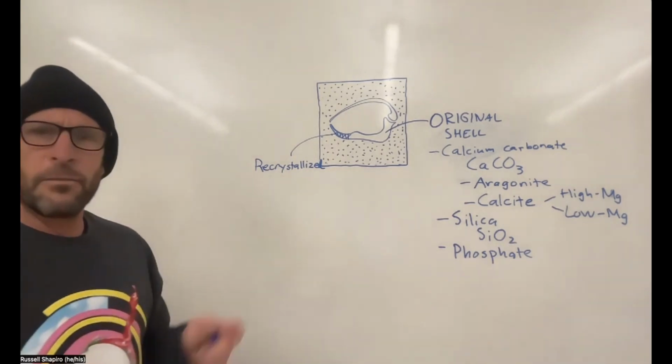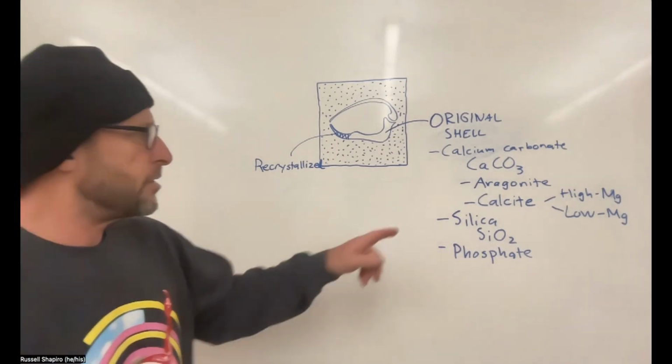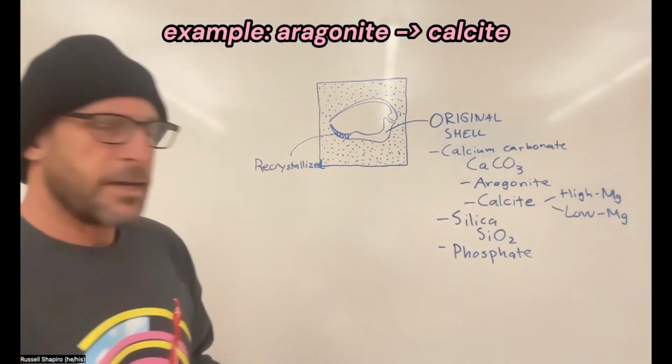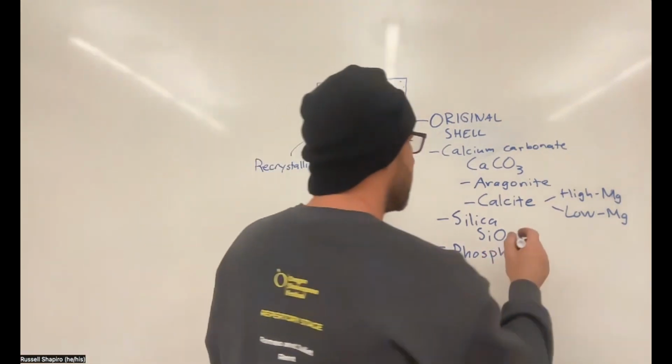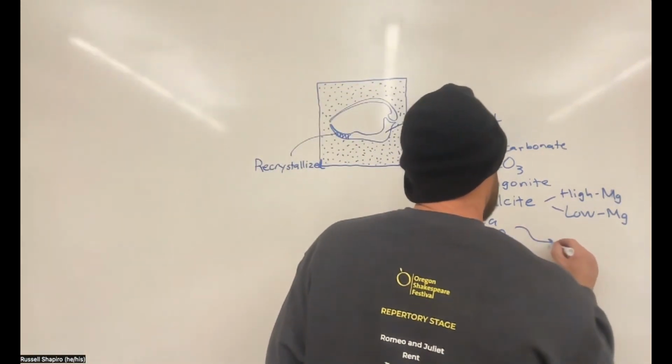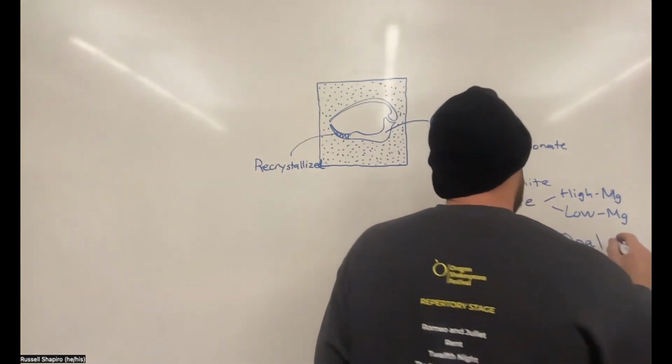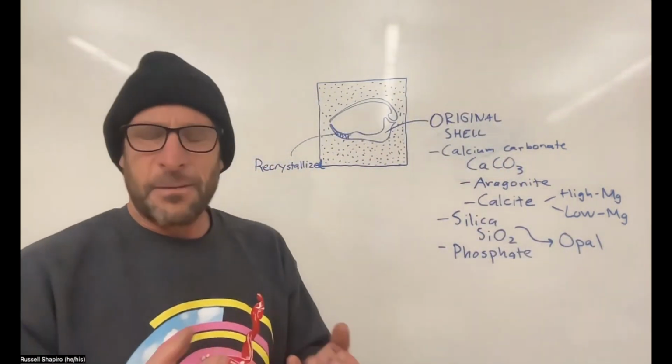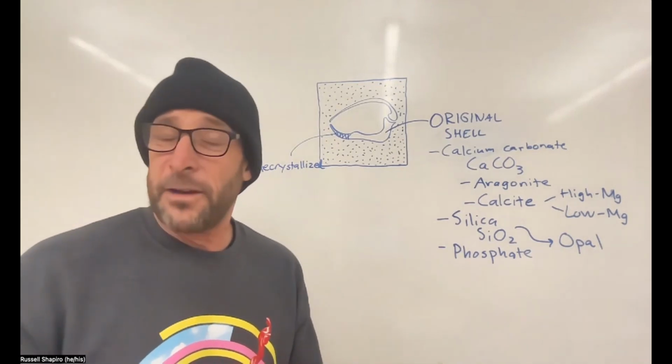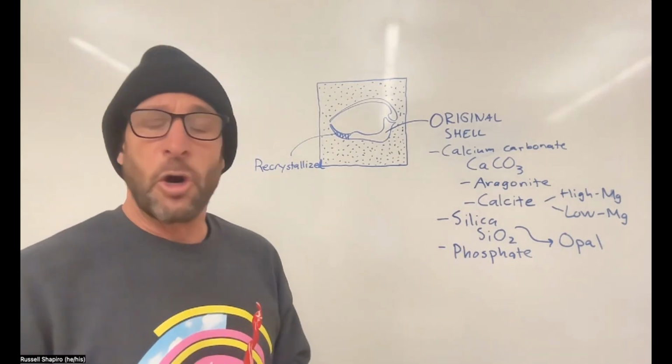And the main way that we see recrystallization is maybe going aragonite to calcite, or the original silica is, say, a mineral or mineraloid, they call it. It's not really organized, called opal.